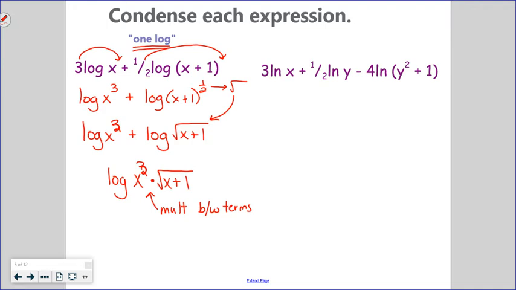So step number 1, if you have not done so already, take all of the numbers out front, slide them back to being exponents. After you've done that, if you've got a fraction, make it back into a radical.